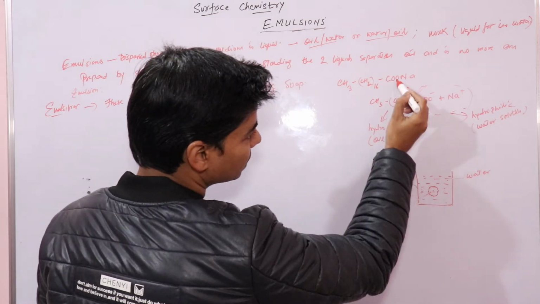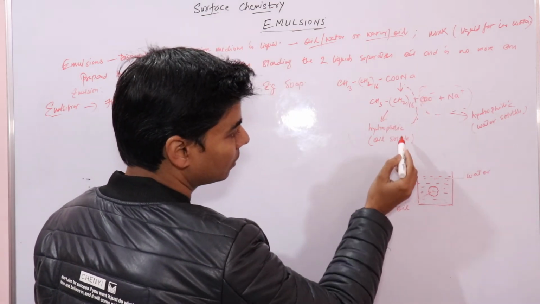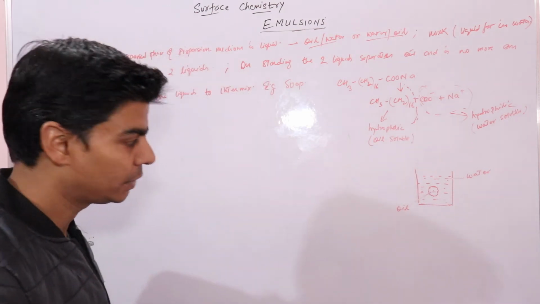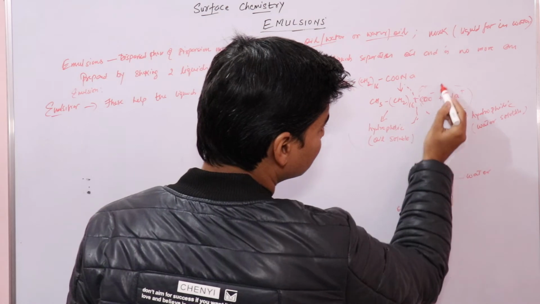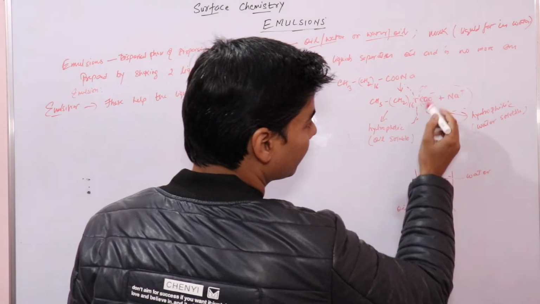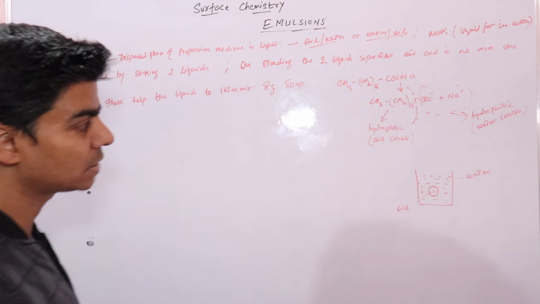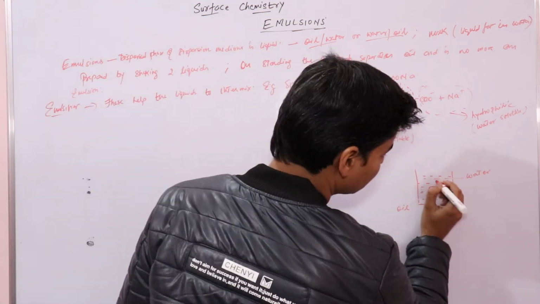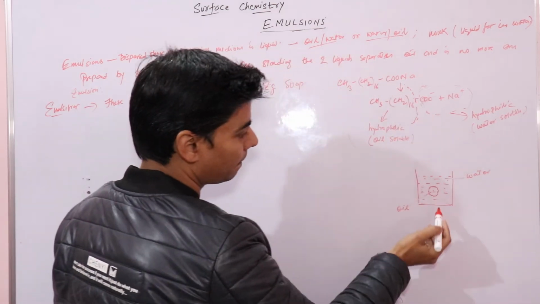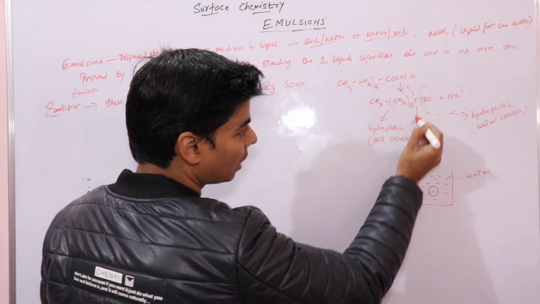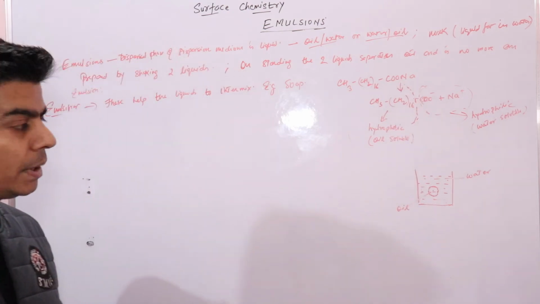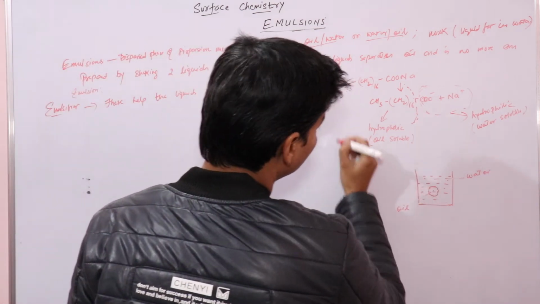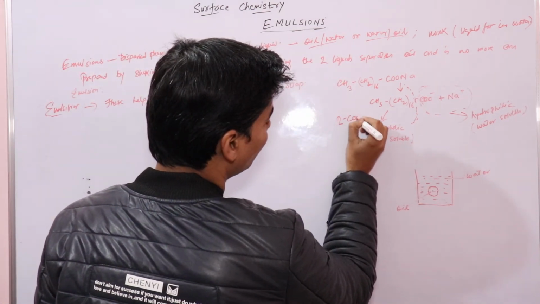Since this hydrocarbon chain is hydrophobic, it will interact with oil, which is also hydrophobic. And this COONa, which has charges on it, is hydrophilic, so it will interact with water. This hydrophobic carbon chain, we call it R, as in RCOONa.